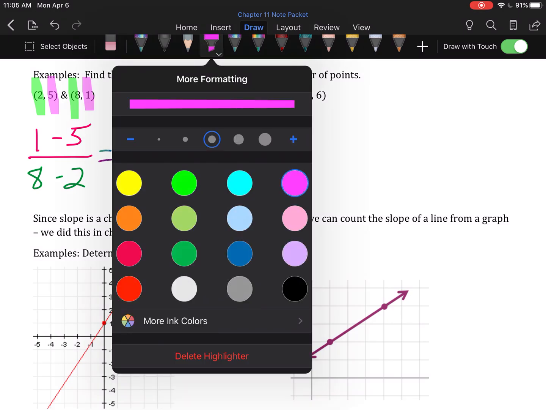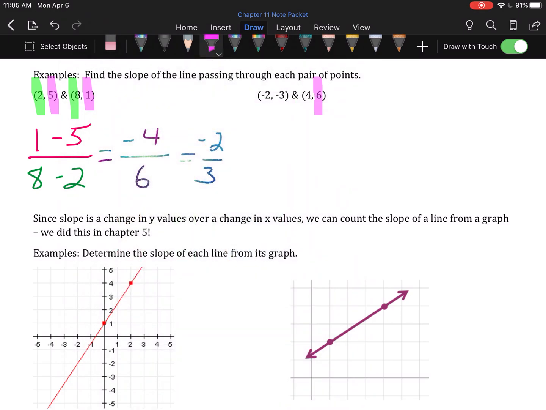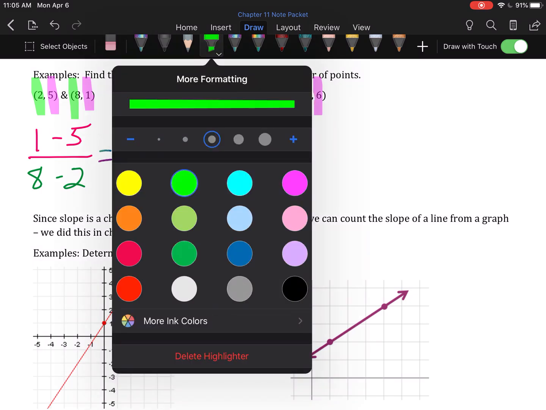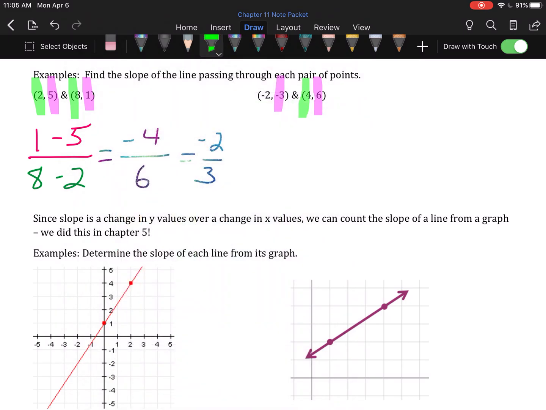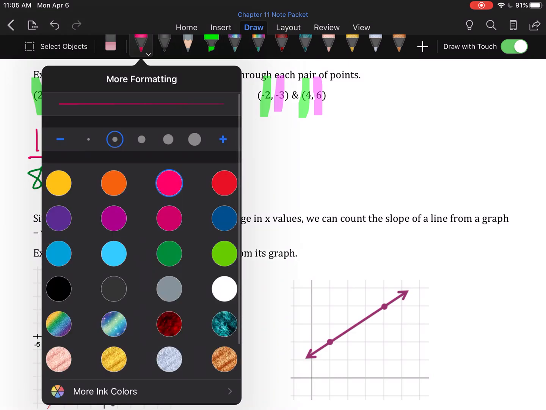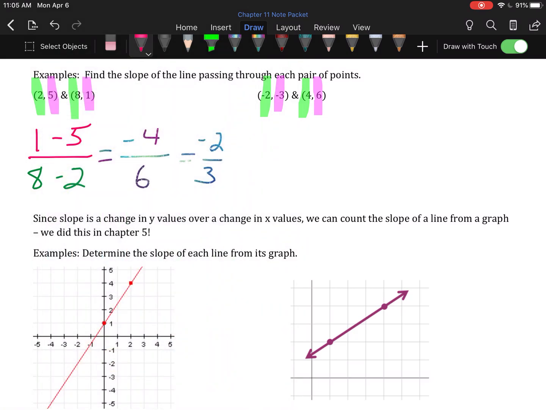Let's do it again. So here I'm going to have 6 and negative 3 being my y values. I'm going to have 4 and negative 2 being my x values. So y2 minus y1 in the numerator is going to be 6 minus negative 3. Yes, we'll talk about that in a second.